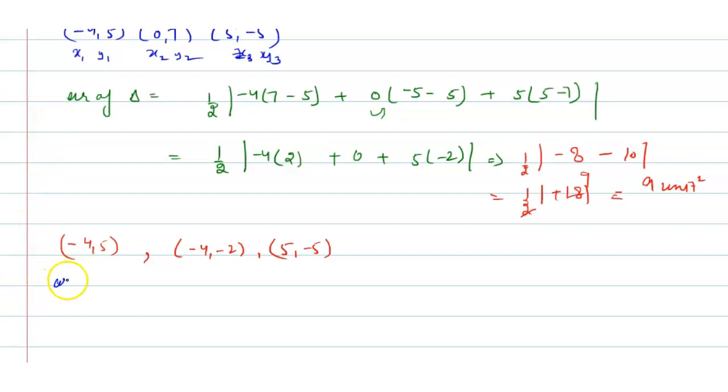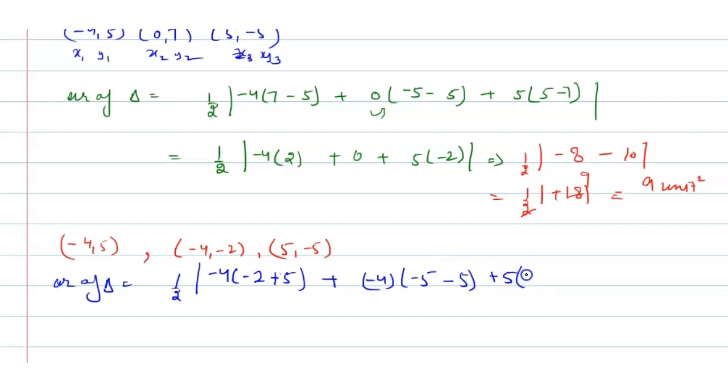Area of triangle equals half: x1 is -4, y2 is -2 minus (-5), so it is plus, here plus x2 is -4 and y3 is -5 minus y1 is 5, plus x3 is 5 and here y1 is 5 minus y2 is -2, so minus minus plus.